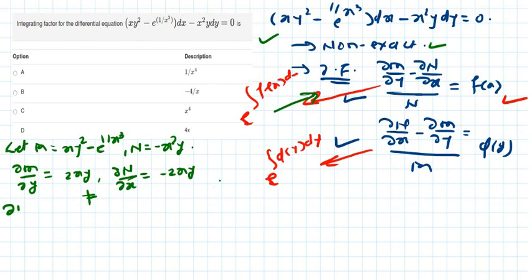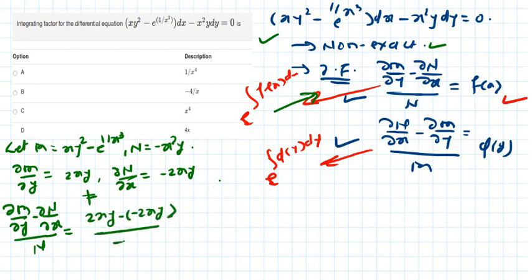Dabba m by dabba y minus dabba n by dabba x upon n, which is 2xy minus 2xy upon minus x square y, which is 4xy upon minus x square y, which is minus 4 by x. So this is a function of x alone.